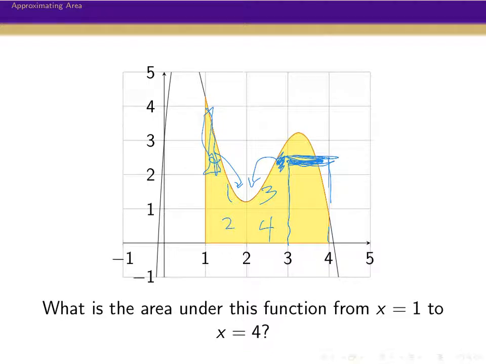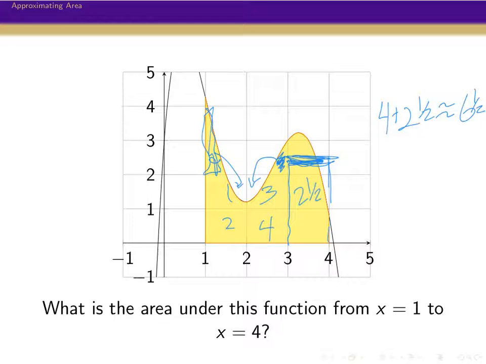So that would be adding another 2.5. So I've got 2 rectangles there, plus 2 rectangles there. 2 plus 2 is 4, plus another 2.5. 4 plus 2.5, that's 6.5. There's a rough estimate of the area of this.